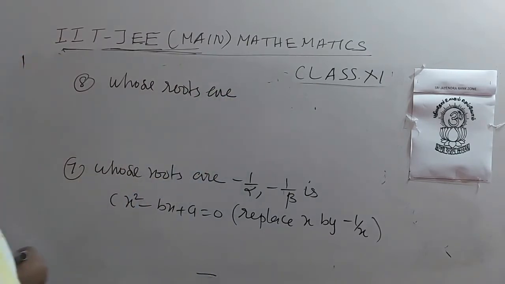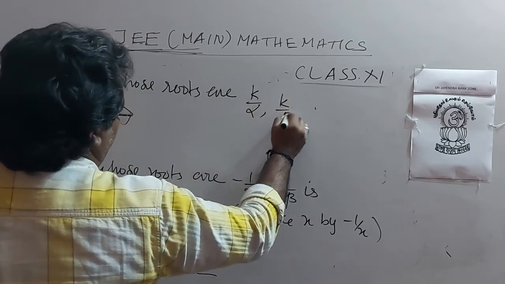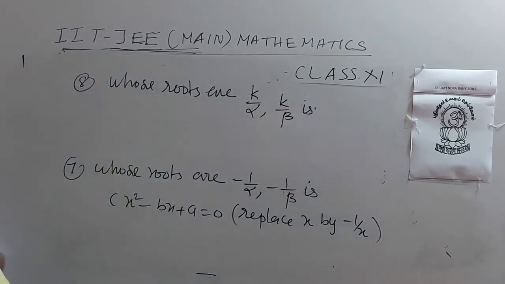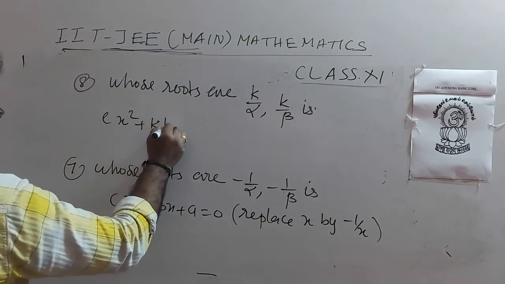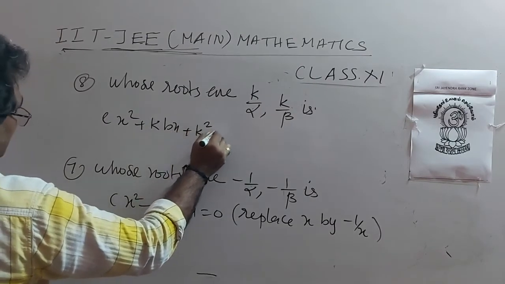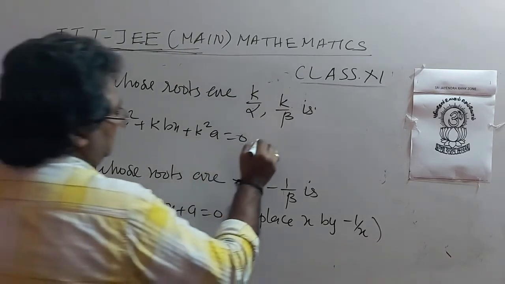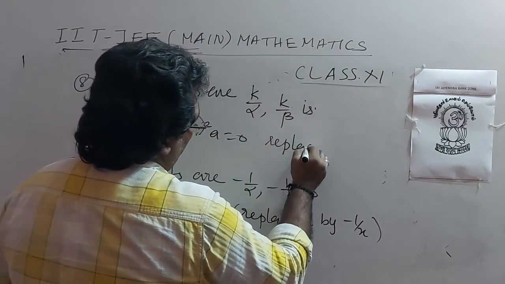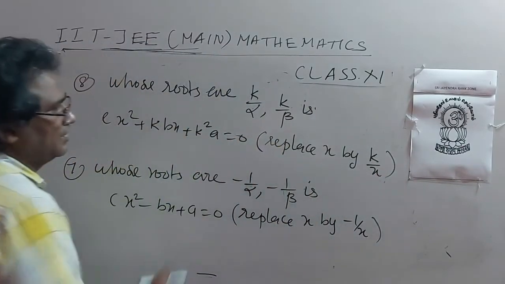Whose roots are k by alpha, k by beta is cx squared plus kbx plus k squared a equal to 0. Replace x by k by x.